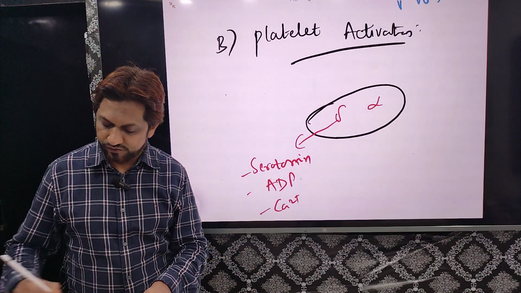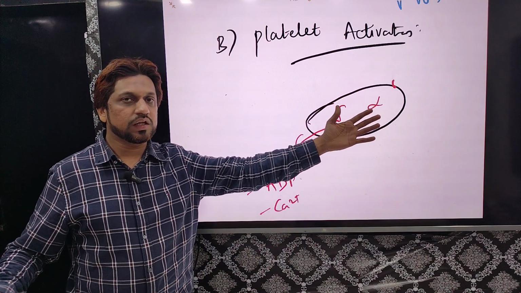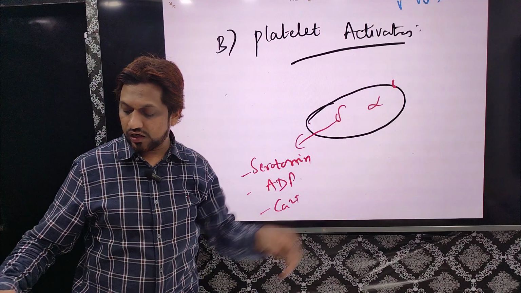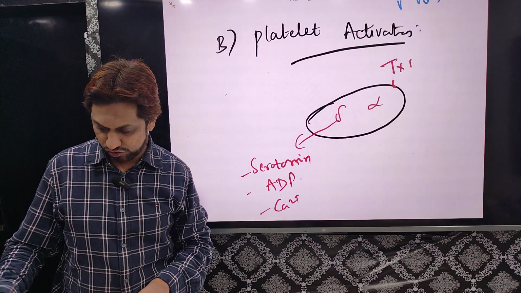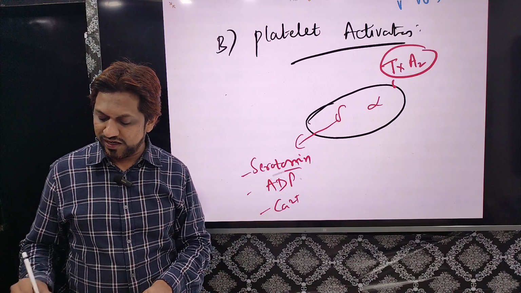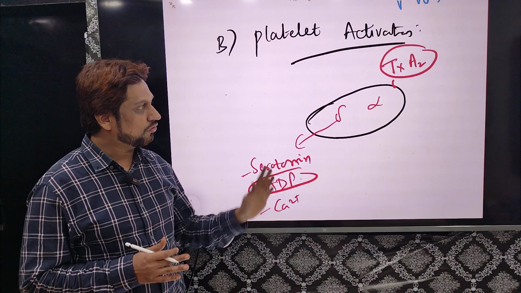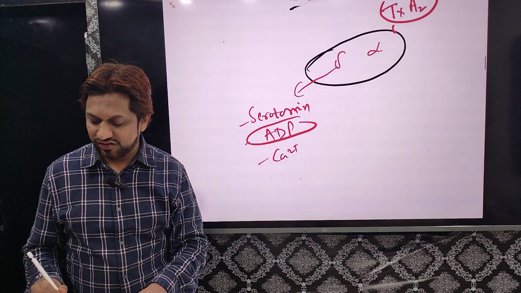Also, from the surface of the platelets, from the phospholipids, the arachidonic acid is converted by the cyclooxygenase enzyme into a very important substance known as thromboxane A2. Thromboxane A2 and ADP are two important substances which will help in platelet aggregation, the next step.